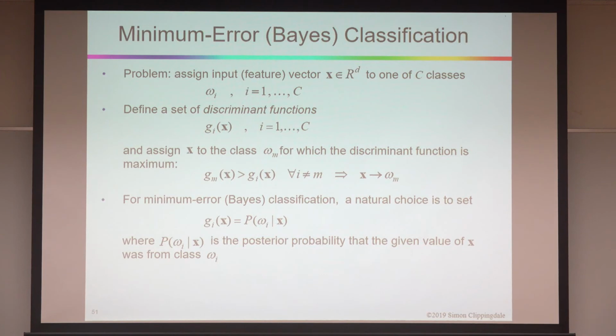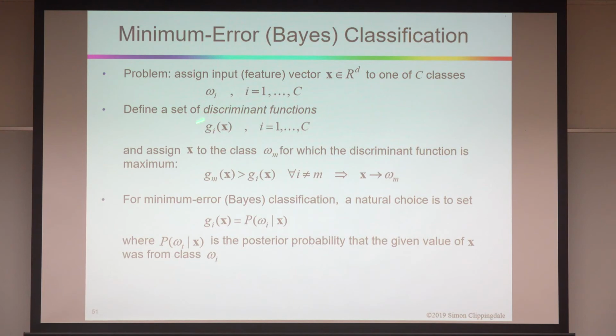There's a maximum of how well you can do with a classification problem, and it's called the minimum error or Bayes classifier. So if our problem is to assign a feature vector x, which is a d-dimensional vector, to one of C classes, here are the classes from 1 to C, called omega i.